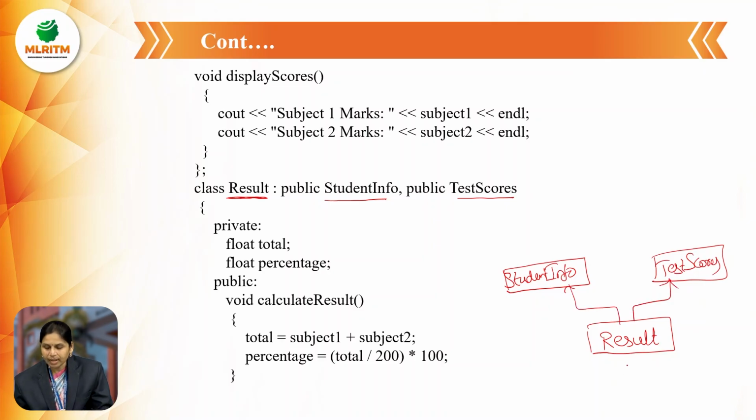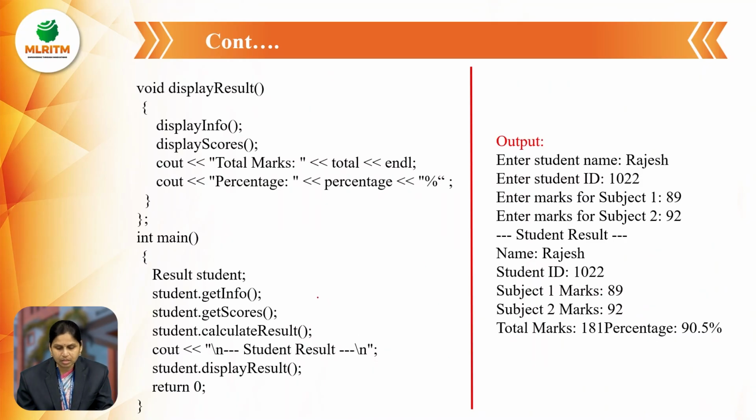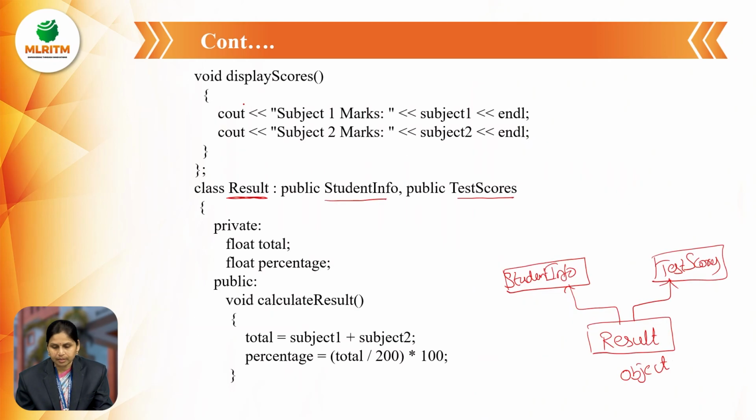So one child class is derived from 2 base classes. This is called multiple inheritance. Here the object is created only for the child class, that is for the result class. The result class contains 2 variables and 2 methods: calculate result and display result.